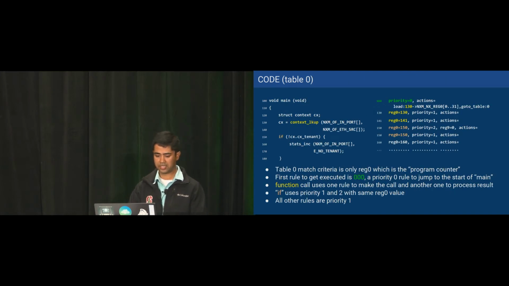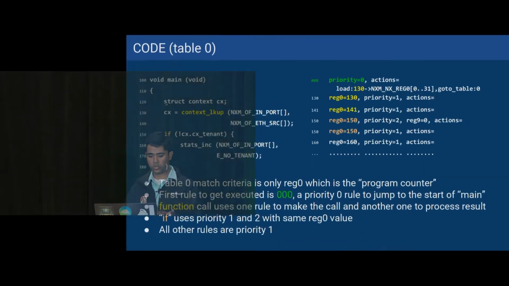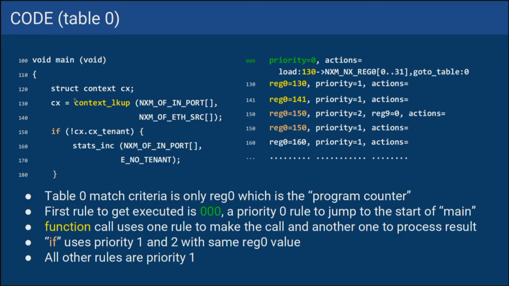So let us look at this, where the code on the left is how you would write it, and the code on the right is how it will translate. Our code table is table 0, so we are just looking at table 0 at this time. If you look at the yellow statement on the left, which is context lookup, it translates to two rules on the right: reg 0 equal to 130, and reg 0 equal to 141.